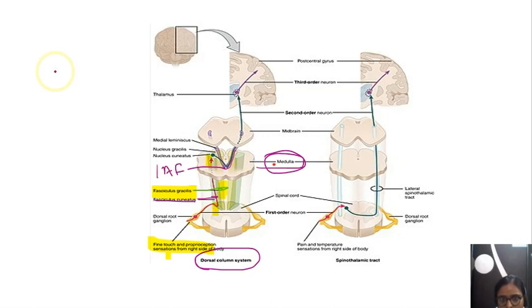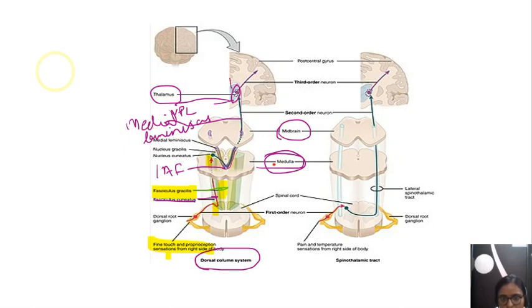After crossing they will ascend upwards in the midbrain. So in the midbrain we have the egg like structure which is called your thalamus. So in the VPL nucleus of thalamus the second order neuron will terminate. From here the third order neuron starts, and this is called your what, medial lemniscus, if you remember, right?